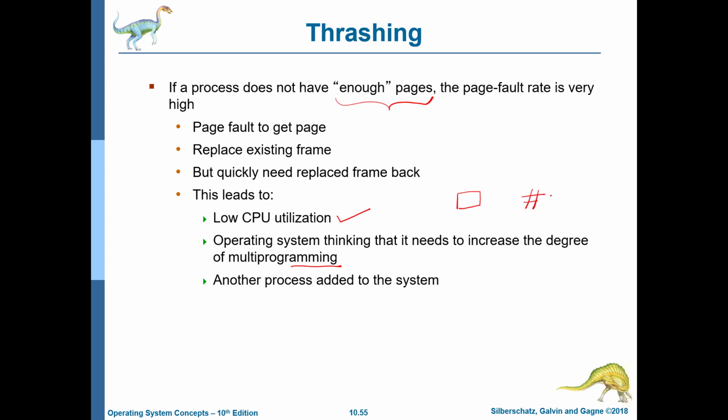As a result, the number of currently active threads will increase, because threads come, they don't find the data, and they go into IO mode. Then the scheduler thinks that maybe it needs to increase the number of threads because the CPUs are not being utilized. As a result, more threads come and there are more page faults.